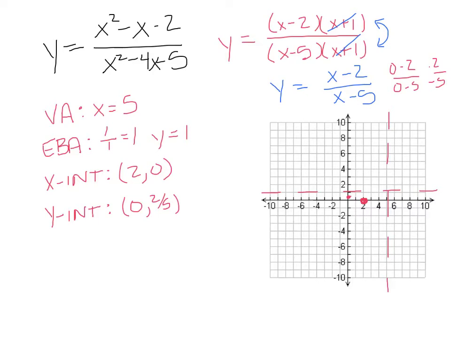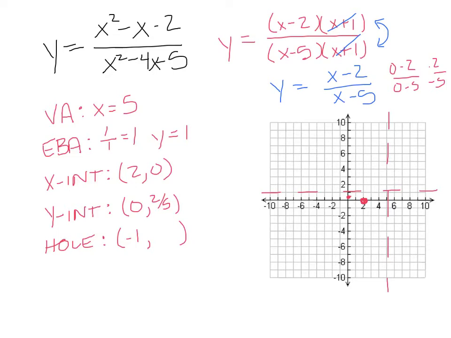Last but not least, we need to go to those factors that we canceled out. And that's going to tell us that there's a hole in this graph because we canceled some stuff out. The x-coordinate of the hole is easy to find. It's whatever makes the factor we canceled out equal to 0. So in this case, the hole has an x value of negative 1. How do you find the y value? Well, you plug it into your function.